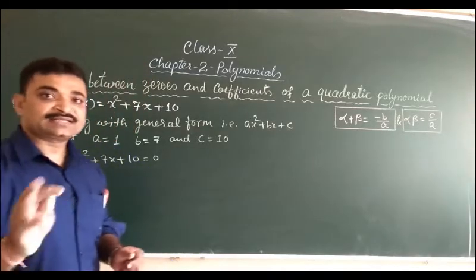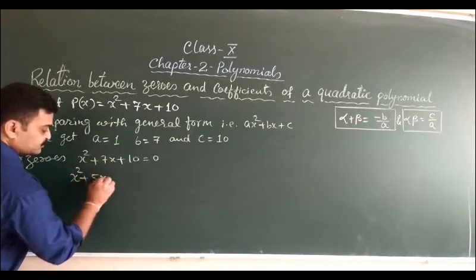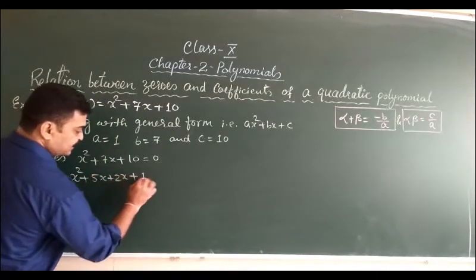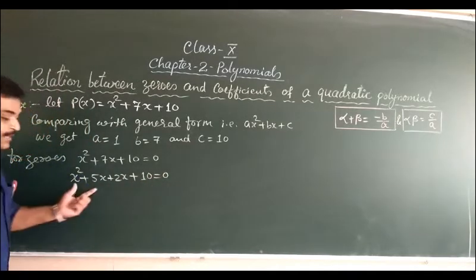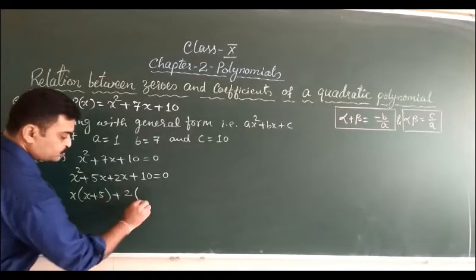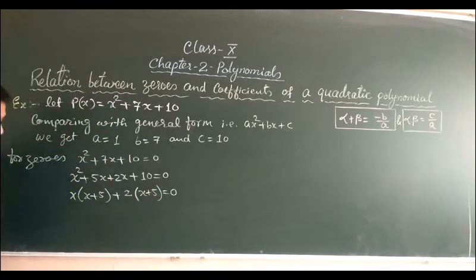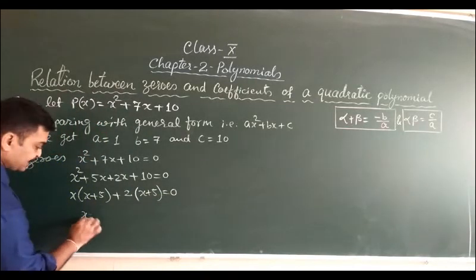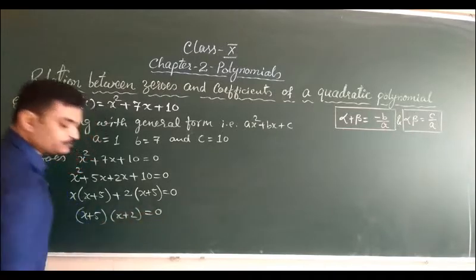You have studied in class 9. So x square plus 5x plus 2x plus 10 is equal to 0. Now taking x common, x into (x plus 5) plus 2 common, (x plus 5) is equal to 0. Here (x plus 5) and (x plus 2) is equal to 0.